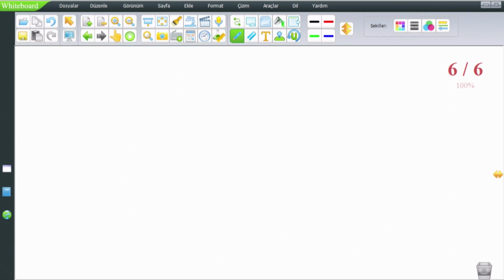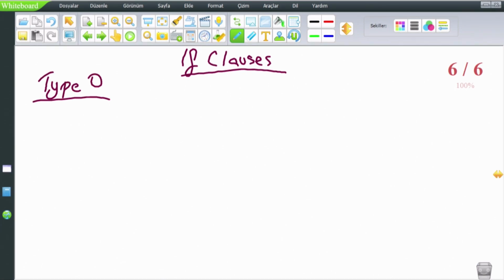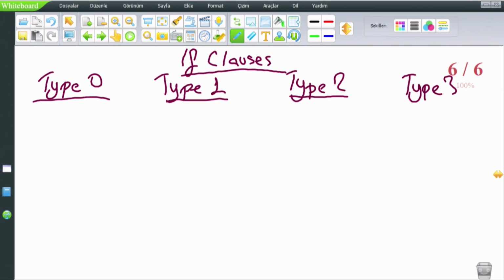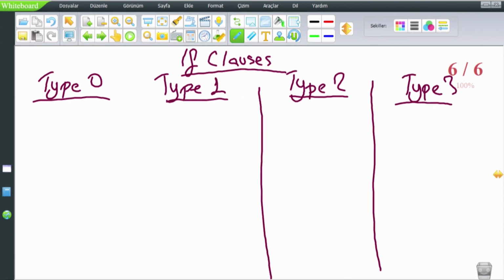Then we talked about if clauses. There was type 1, sorry, we are starting with type 0, type 1, type 2, and type 3. In type 0, we have 100% certainty.